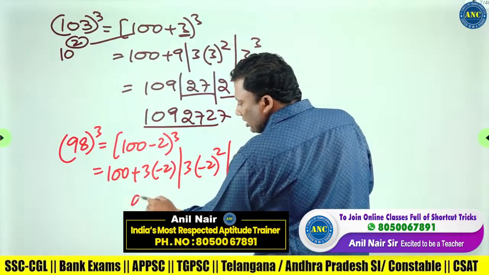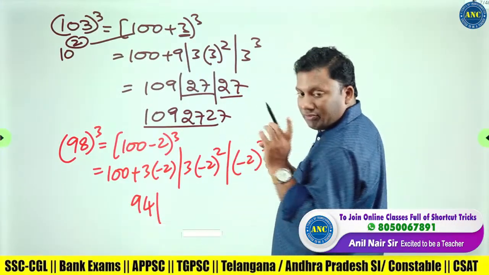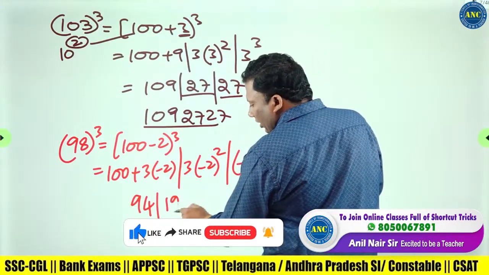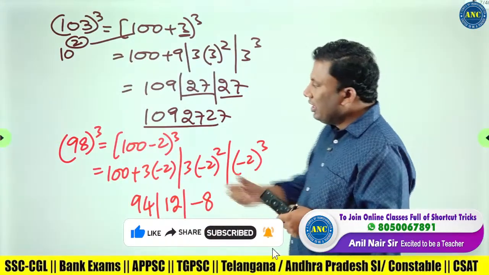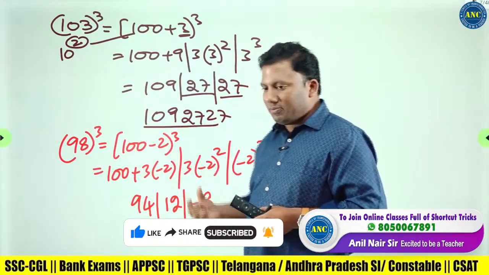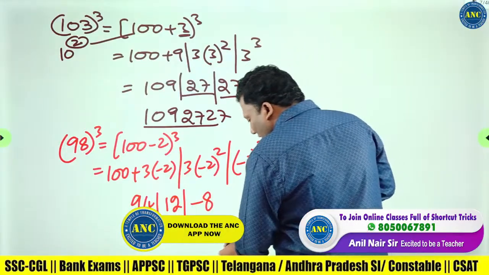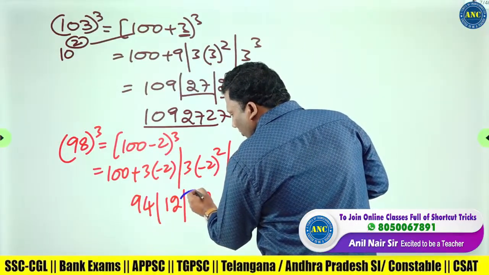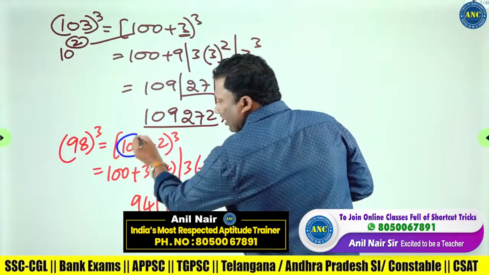100 minus 6 is 94. Minus 2 whole square is 4. 4 3s are 12. Minus 2 cube is minus 8. If I cube a positive number, I get a negative number. Negative we have to convert. Simple. Take 1 carry. 1 is carried on a base of 100.